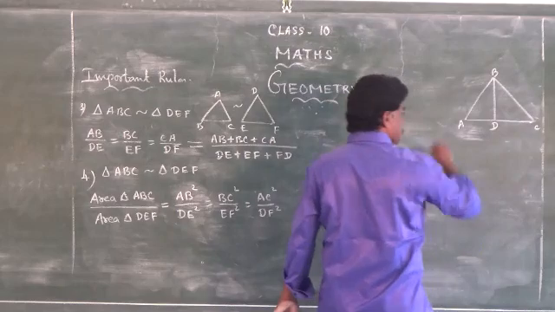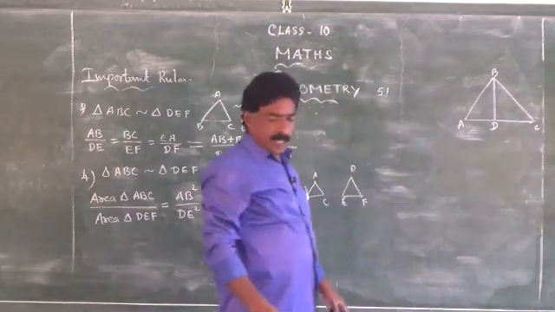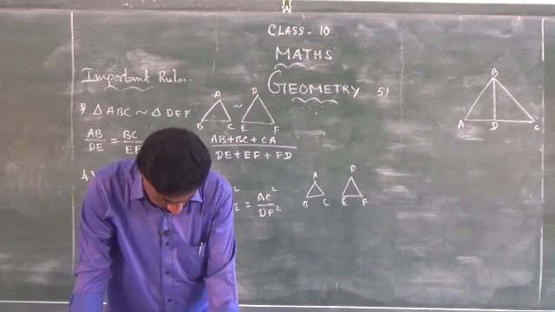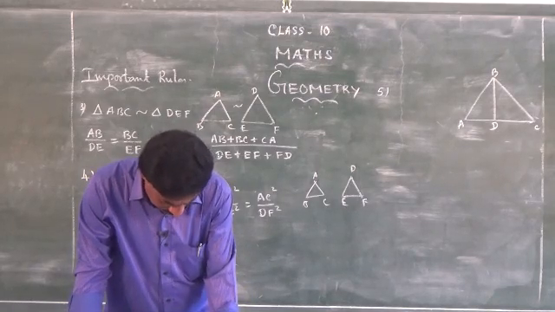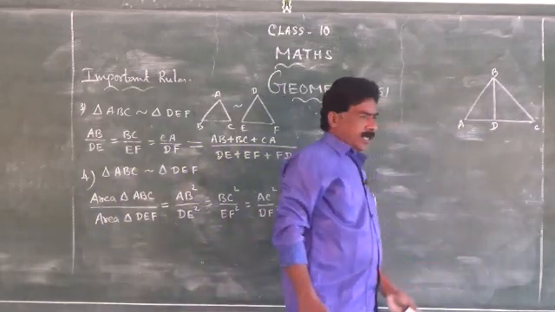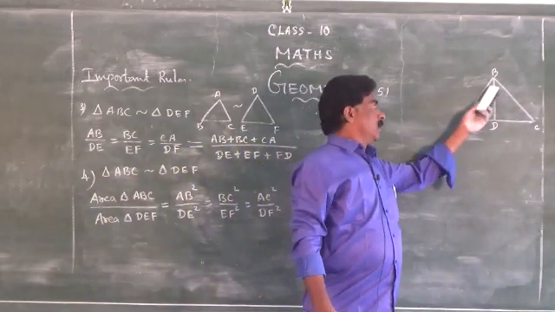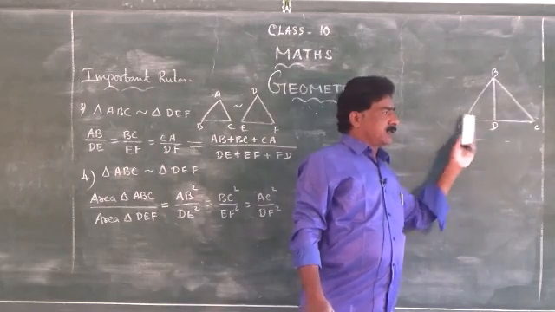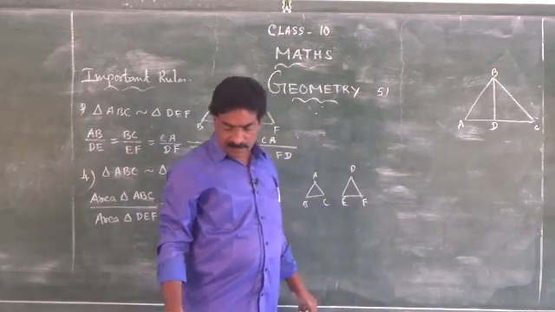Here, the two triangles ABD and BDC have a common vertex B, and the bases are on the same straight line. In this case, what is given?